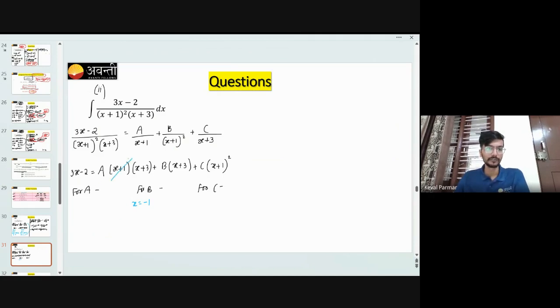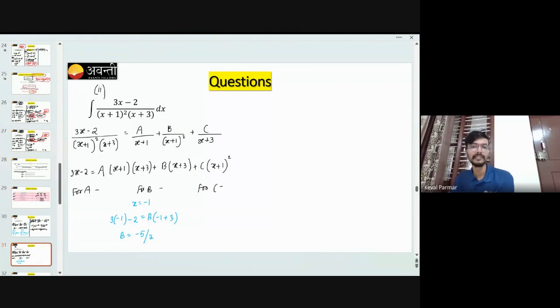So minus 1, this will get cancelled, this will get cancelled. Correct na? Minus 1 plus 1 will be 0, and this will also be 0. So I will get 3 into minus 1 minus 2 is equals to B into minus 1 plus 3, means minus 5, na? Is it minus 5, correct? Minus 3 minus 2 is minus 5 and this is 2. So this is basically minus 5 by 2.